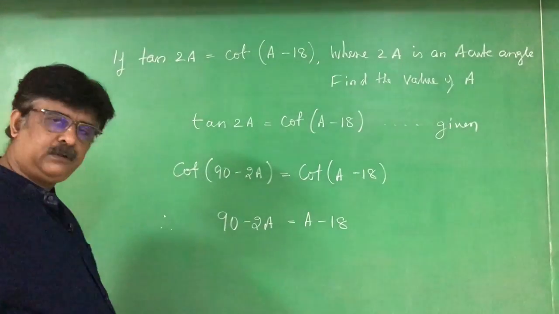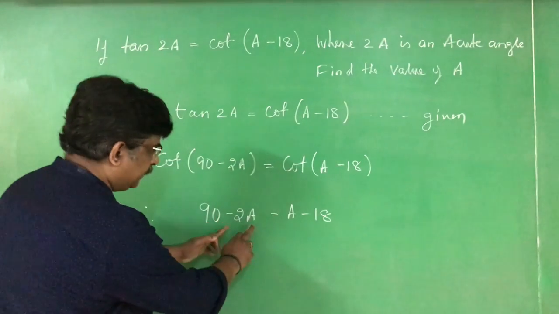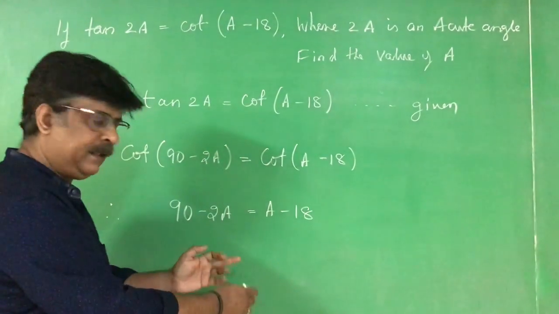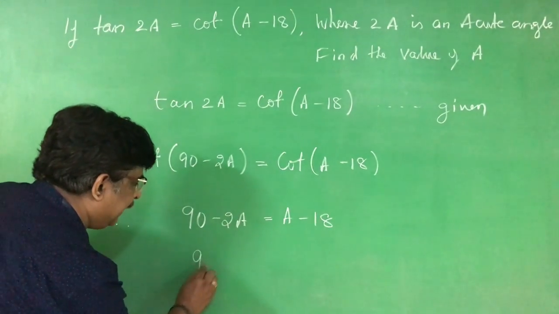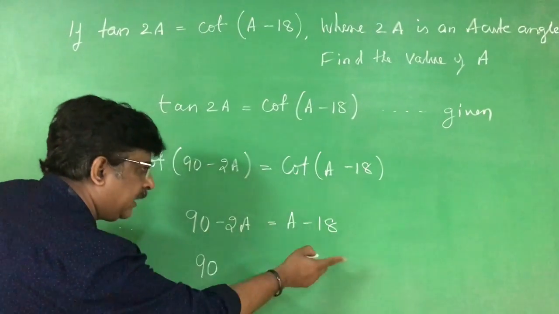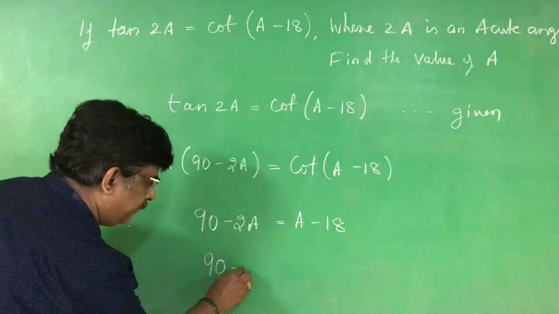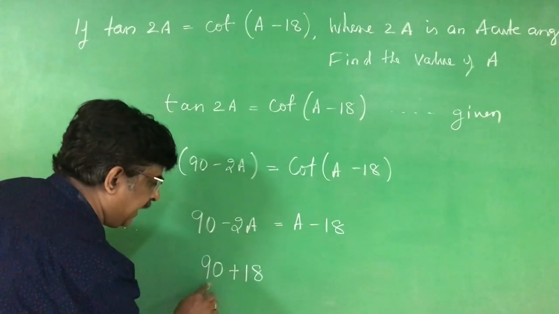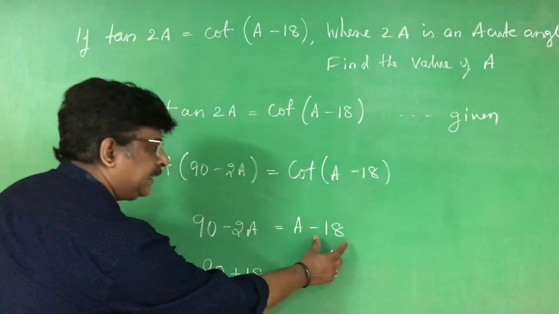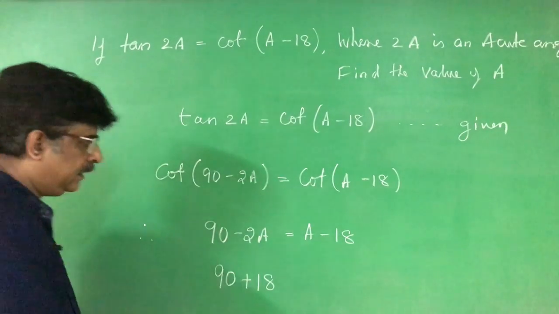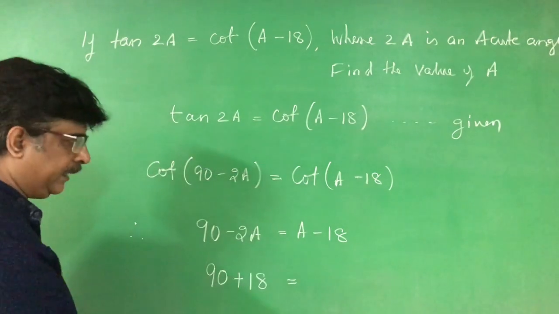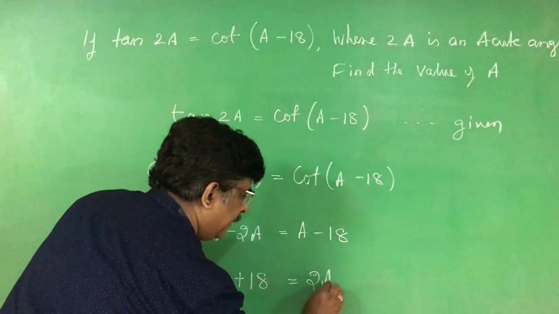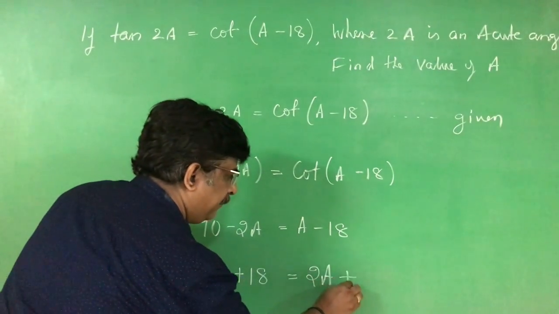What do we have to do now? Tell me. Minus 2A I transfer to this side, 18 to this side, right? Then it becomes 90. I push this one to that side, I bring 18 to this side. 90 plus 18, right? Minus 18 becomes plus 18. Equal to 2A; minus 2A to this side becomes 2A, and here there is 1A plus 2A.